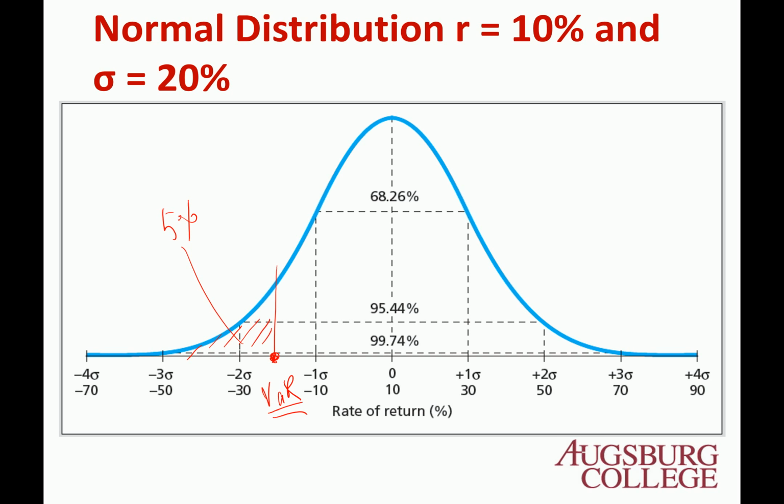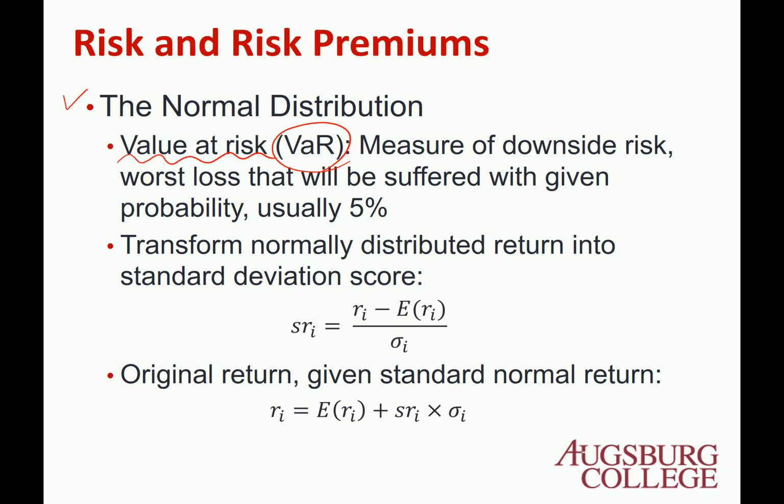So how to find the value at risk? You can find it using the standard deviation score. For a normal distribution, you can find the 5% standard deviation score in Excel. So let's go to Excel again.